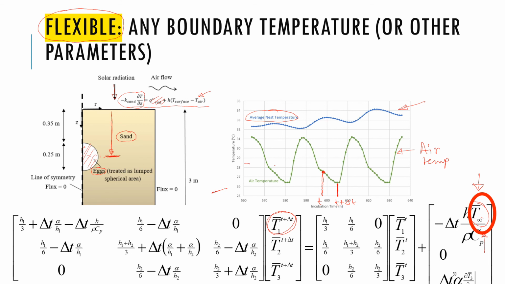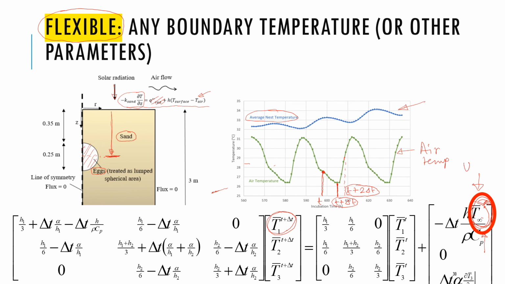Then the next time, when I'm here and I'm calculating at t plus 2 delta t, I just need to update. This is the only point of all the discussion: this T infinity. It's the discrete value that is needed just for that time step, for that calculation. So when I am calculating at this time step, I just substitute the value from the previous time step.